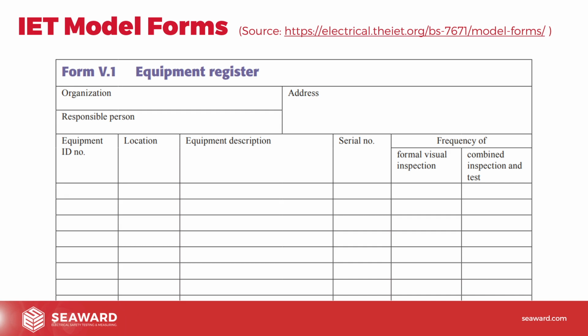And then we've got columns on here for equipment ID number. So your equipment ID number is very, very important because that is the unique identification number that identifies that exact piece of equipment. So we must identify and use a unique number for each piece of equipment.